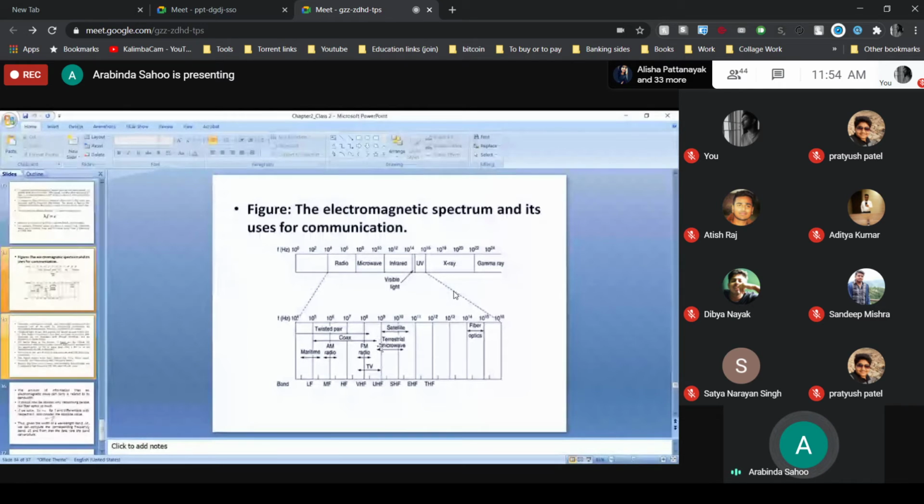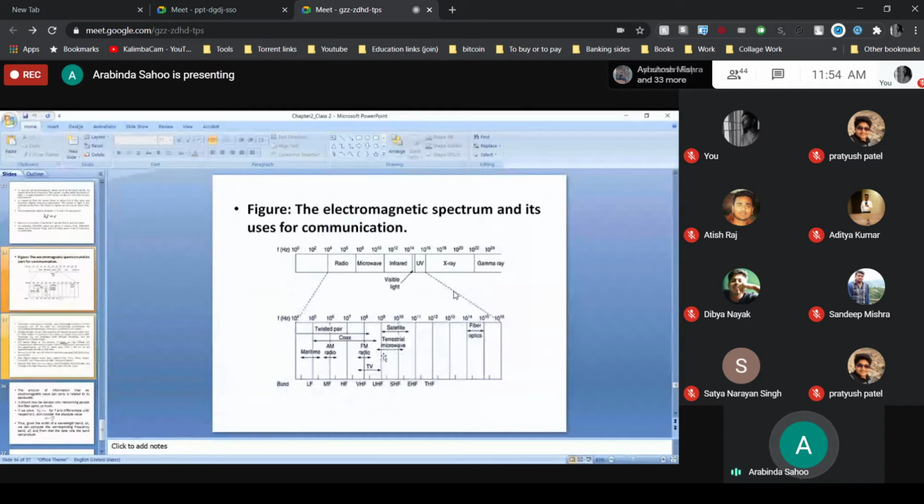Within this frequency band coaxial cable is normally used. For satellite communication they use 10 to the power 9 to 10 to the power 11. For terrestrial microwave communication they use 10 to the power 9 to 10 to the power 10.